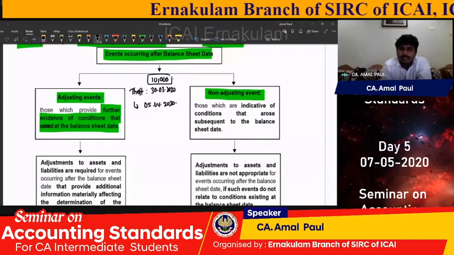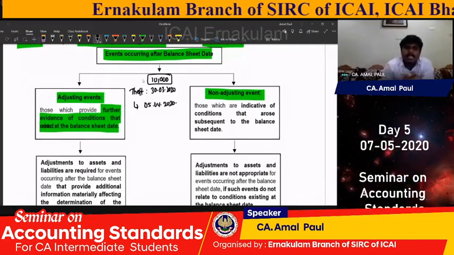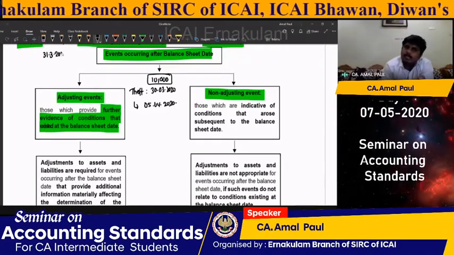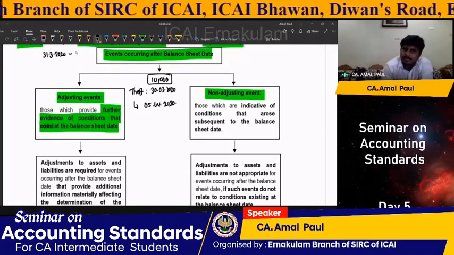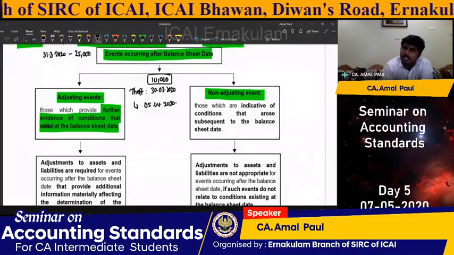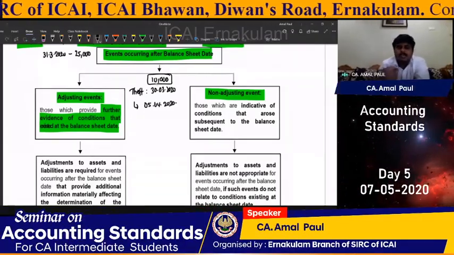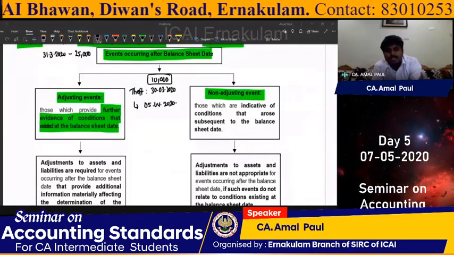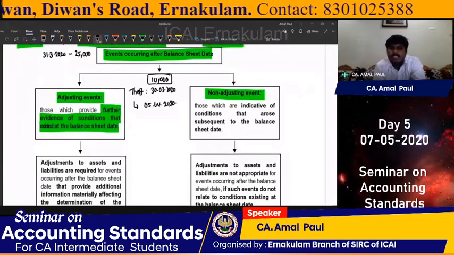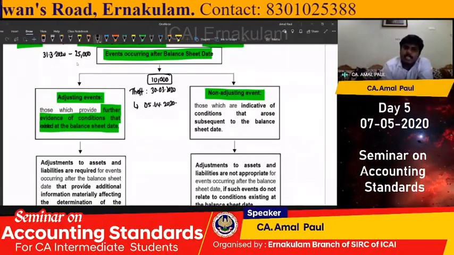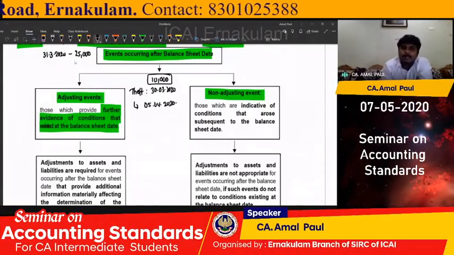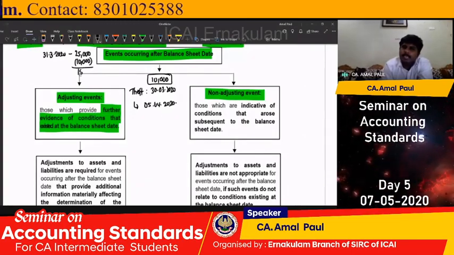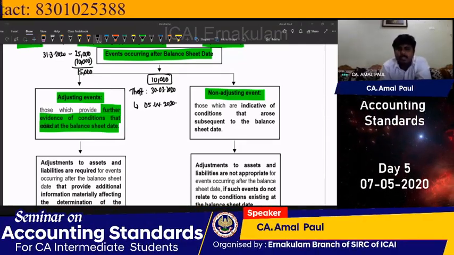Okay, we'll check this case. If your cash balance as per books as on 31/3/2020 is 25,000, this 10,000 this cashier had taken. If this is the case, actually physical cash balance would only be 15,000, right?